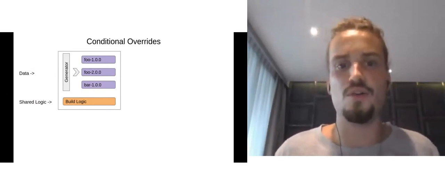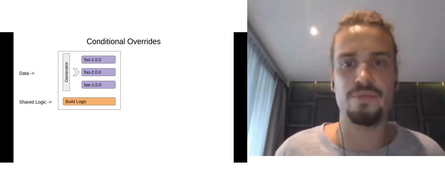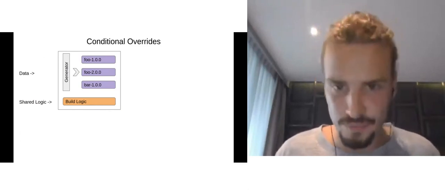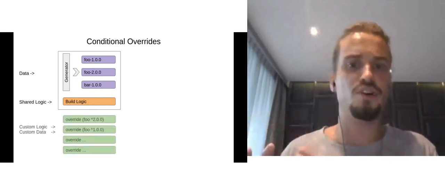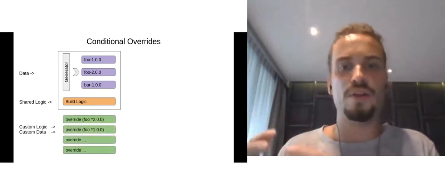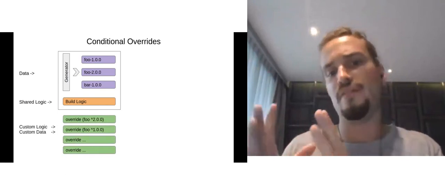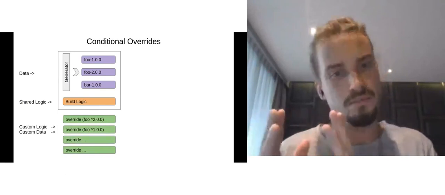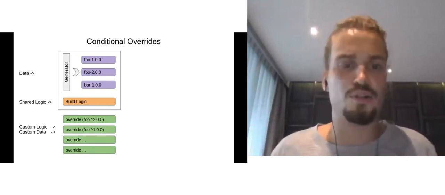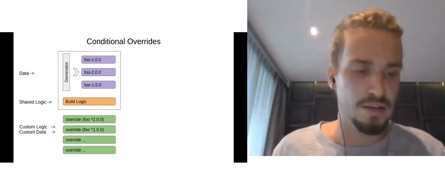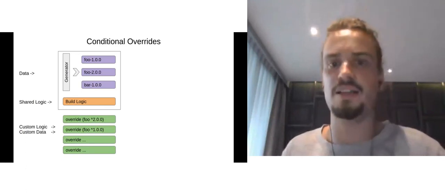So this is where we have this concept of conditional overrides. The idea of conditional overrides is to have one place in the repository where we have all the per-package logic, where we fix up the packages. And it's similar to the overrides used in nixpkgs, but a little bit different.